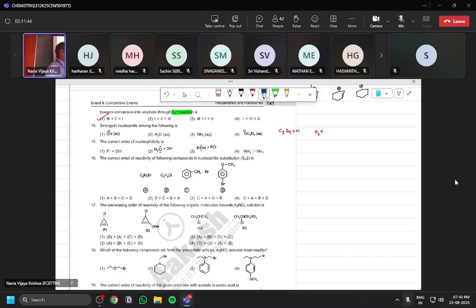Among ethyl alcohol and water, which is more acidic? Water. Except methanol, all alcohols are less acidic than water. Special case: among all alcohols, only methanol is more acidic than water.